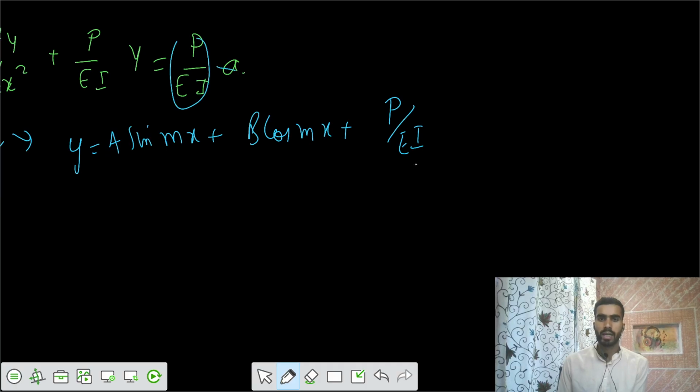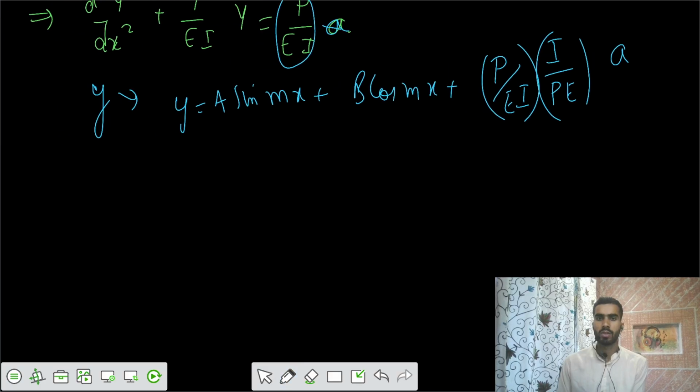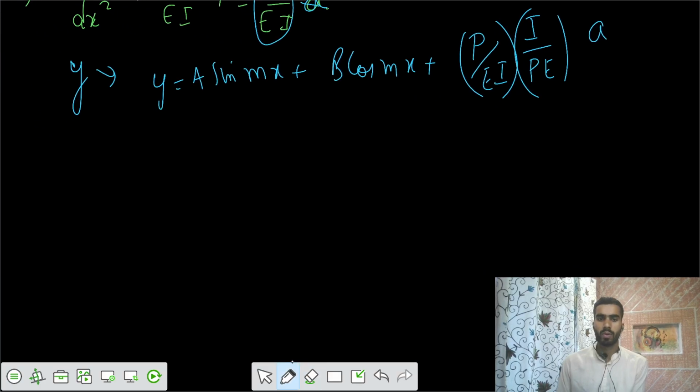You write that P by EI, and this one is also P by EI, and you multiply that value of a. So you get this equation: y equals A sine mx plus B cos mx plus a. That's your general solution.